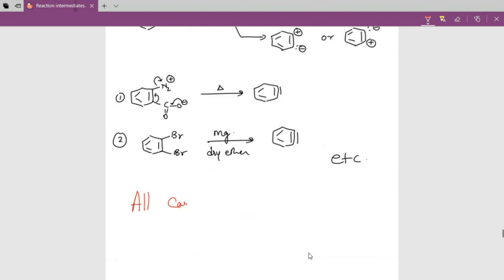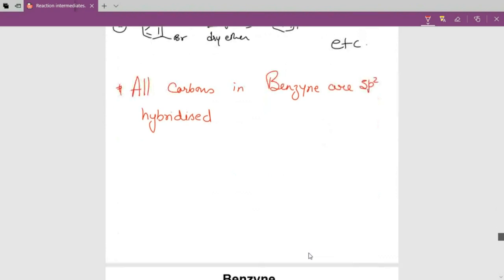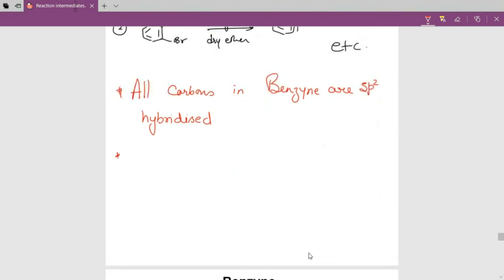The important point that you need to remember about benzyne is that all carbons in benzyne are sp2 hybridized. None is sp hybridized. All are sp2 hybridized, and benzyne is also aromatic, though unstable, but is still aromatic.